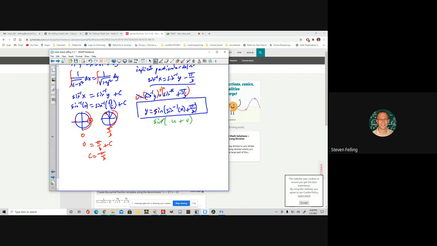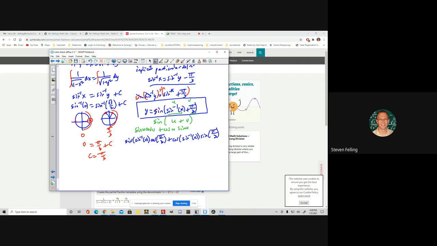There's a trig identity that says that sine of u plus v is equal to the sine of u times the cosine of v plus the cosine of u times the sine of v. So if this is my u and this is my v, then this is equivalent to the sine of u, which is inverse sine of x, times the cosine of v, which is pi over 3, plus the cosine of the inverse sine of x times the sine of pi over 3.